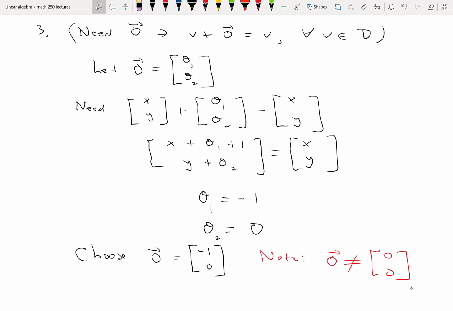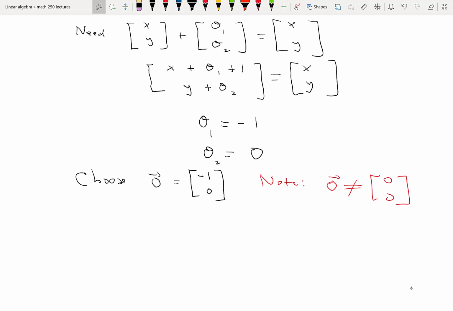Well, now I need opposites. So 4. What do I need? I need for every v in the vector space, there exists an opposite of v in the same vector space, of course, such that v plus the opposite of v is the 0 vector.